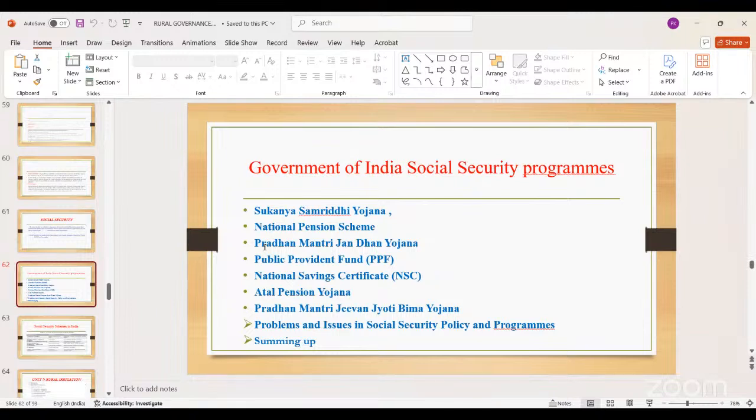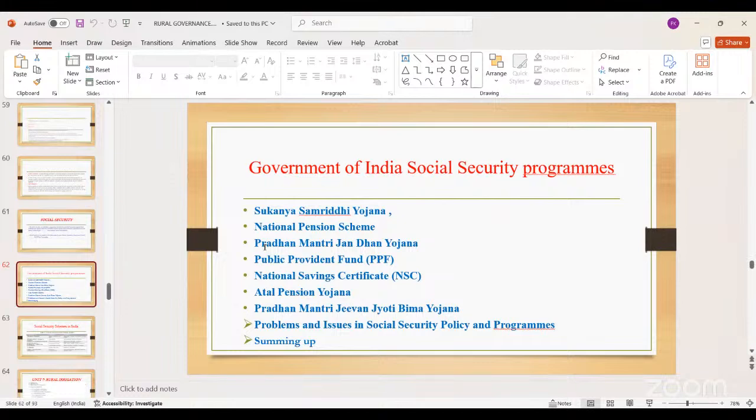Then public provident fund, it is a government supported long standing saving scheme, and its aim is basically to provide assistance to self-employed people to protect their superannuation, that is retirement. And in this scheme also it offers tax benefit.